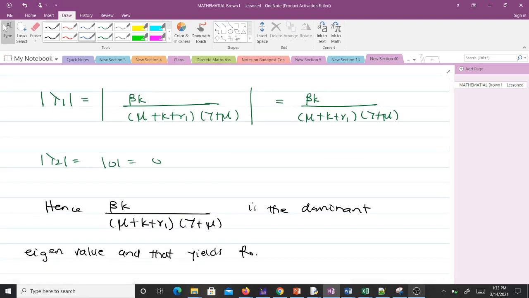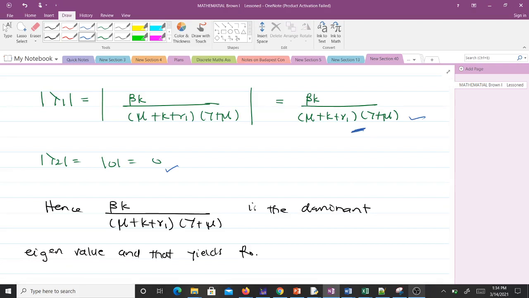So between these two, we ask ourselves which of them is larger. Lambda 2 will always be 0, but since beta and kappa are parameters and they are all greater than 0, whatever we have here will always give us something greater than 0. So lambda 1 will be the dominant of these two eigenvalues.